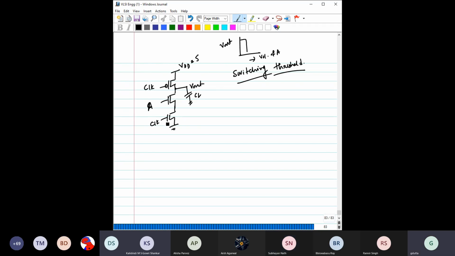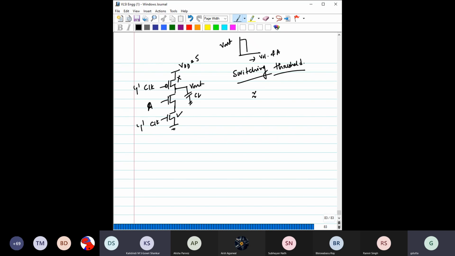See, this transistor during the evaluation state is 1, so this is on. So this transistor is already on, right? So you just have to turn on this transistor a little bit, and this will discharge through it. So the transition will occur as soon as you make the voltage level of this input A near to this VTN, right?